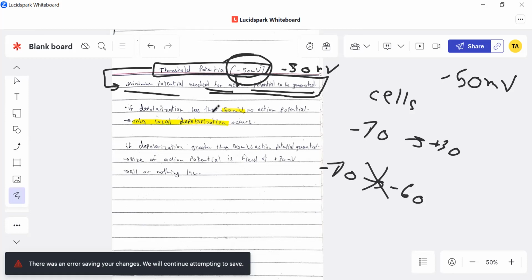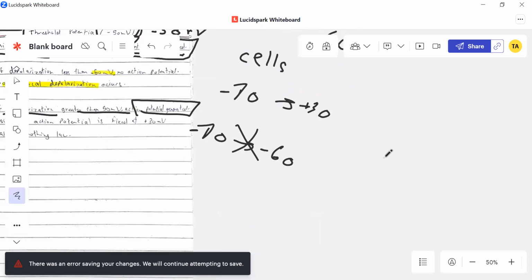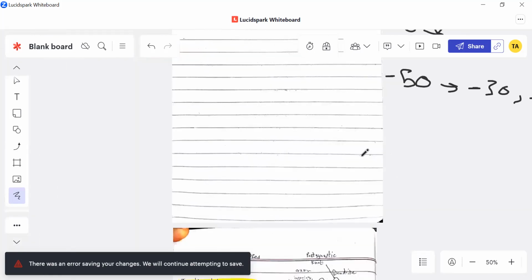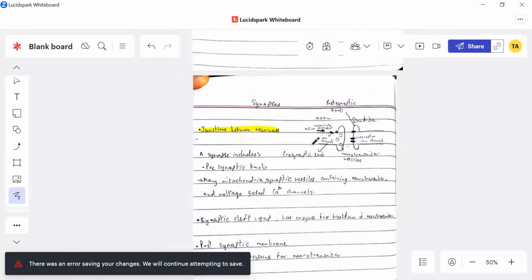So if depolarization is greater than negative 50, meaning it's negative 30 or it goes to positive, then the action potential will get generated.